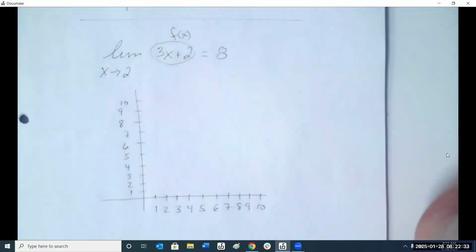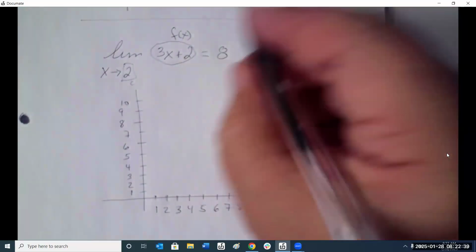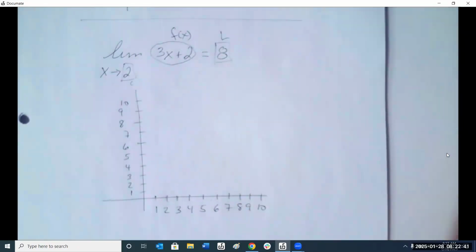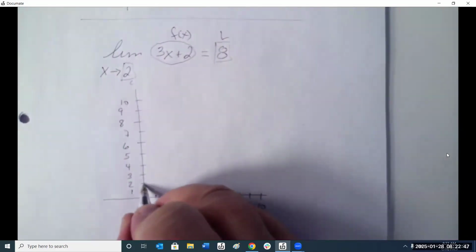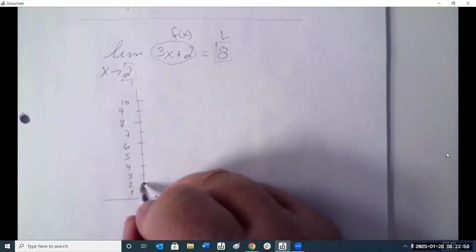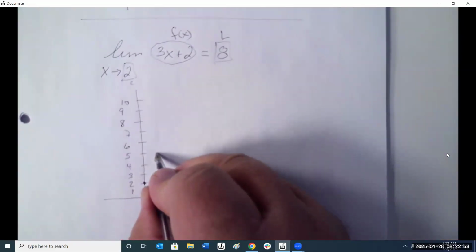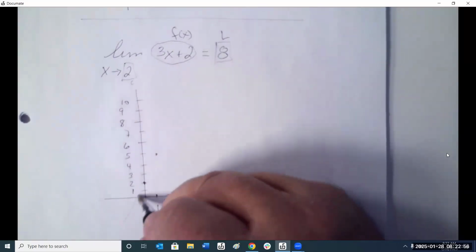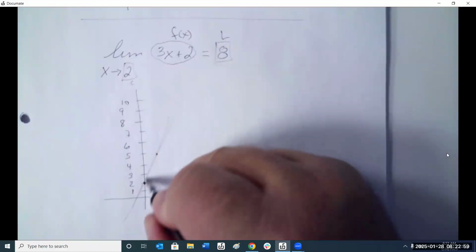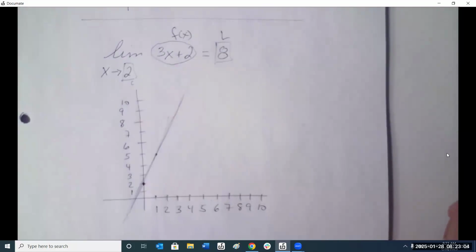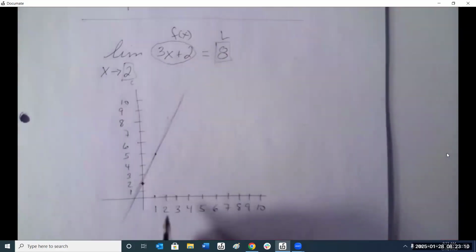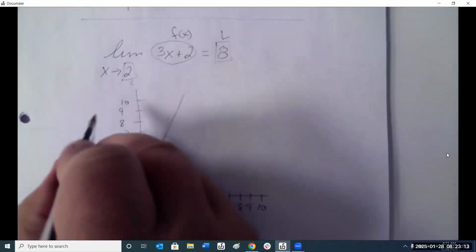It's my function, f of x. And this is the value c. That's what I'm approaching. This is my limiting value. So I'm going to graph this function. The y-intercept is at 2, and the slope is 3 over 1. So this is my value c, and this is my value L.